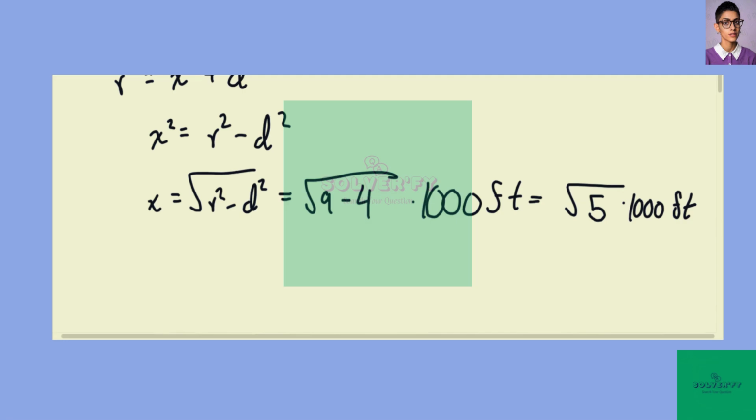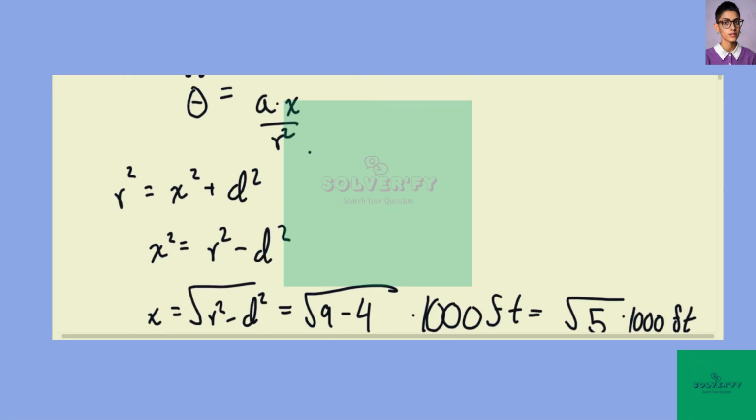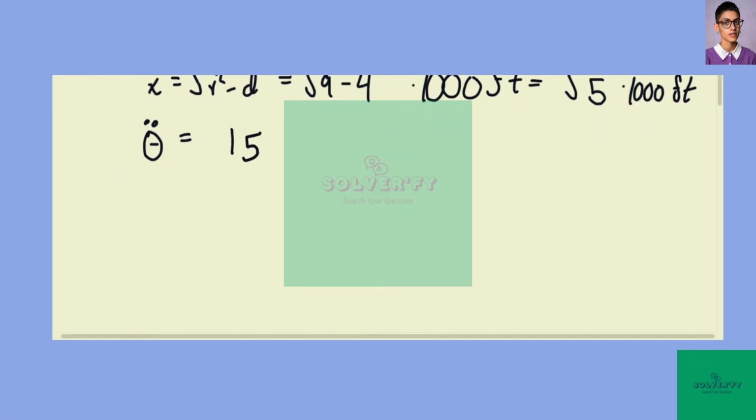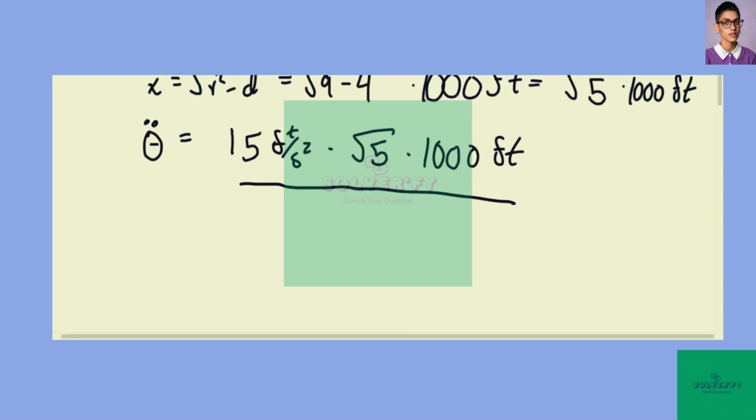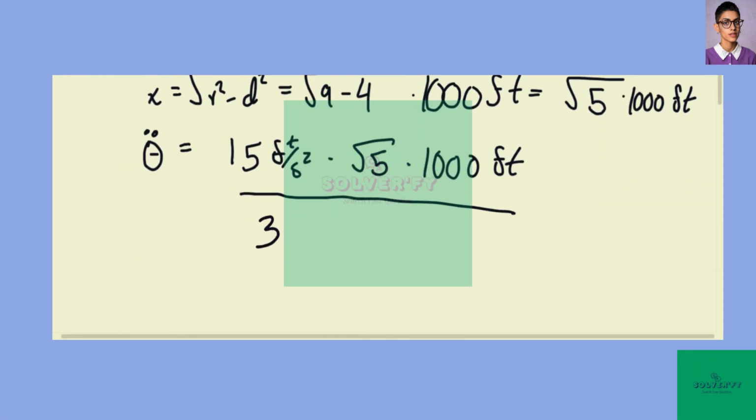And we can plug this into our equation. So theta dot dot is just a, which is 15 feet per second squared, times root 5 times 1,000 feet, divided by r squared, which is 3,000 feet squared.